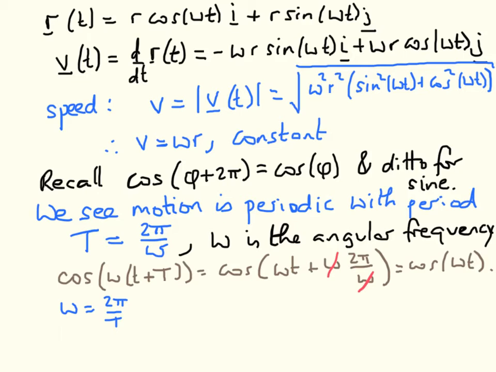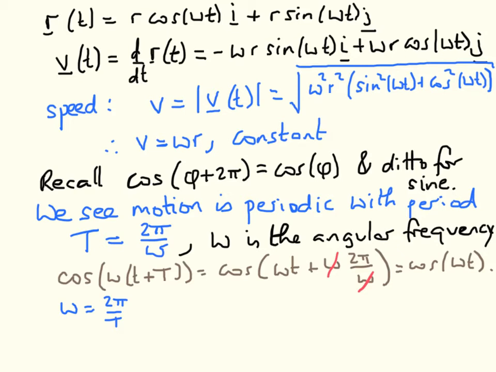That means omega is pi, and that corresponds to it going through pi. It would go around half of the circle in 1 second. After all, it takes 2 seconds to go around the circle. So this is our understanding of the angular frequency: it's the number of radians that the particle goes through in its circular motion during 1 second.